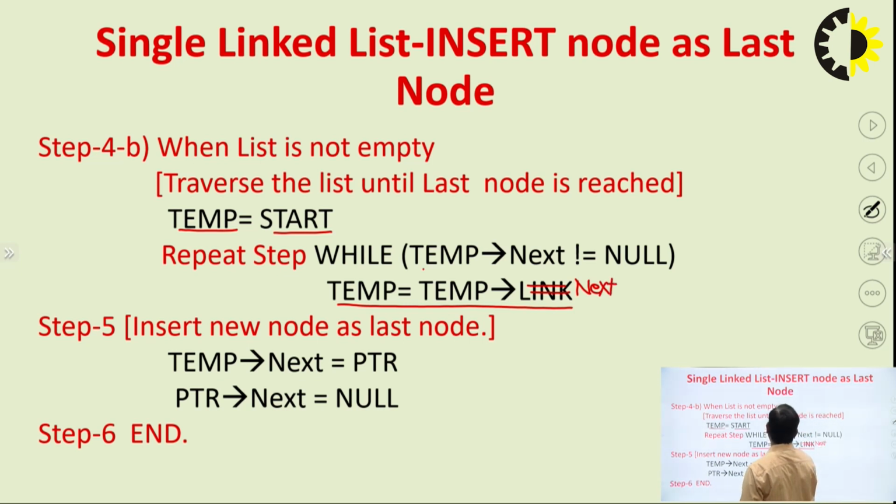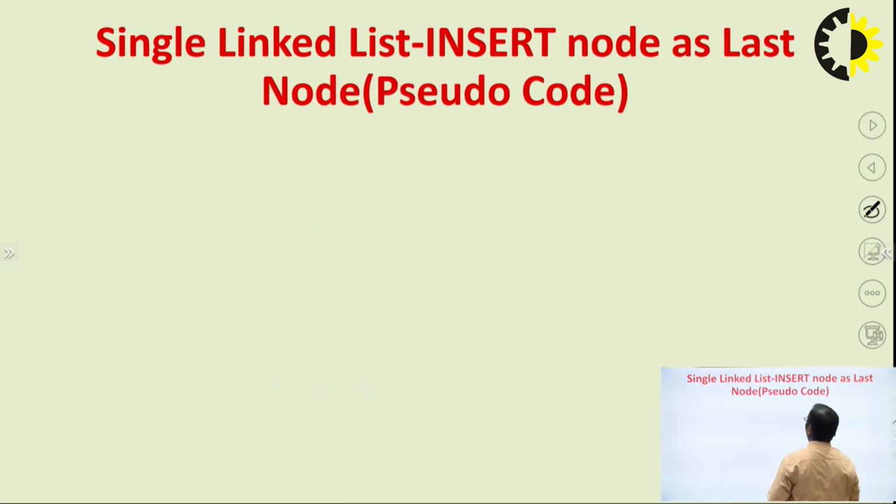While temp arrow next not equals to null, we have to repeat this step, temp equals to temp arrow next. And after this while loop, we have to update temp arrow next equals to ptr. So the node will be inserted as a last node.